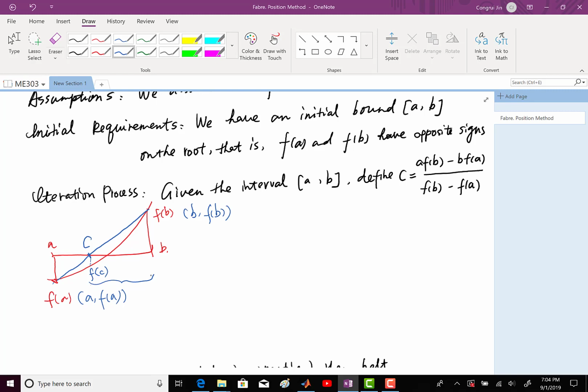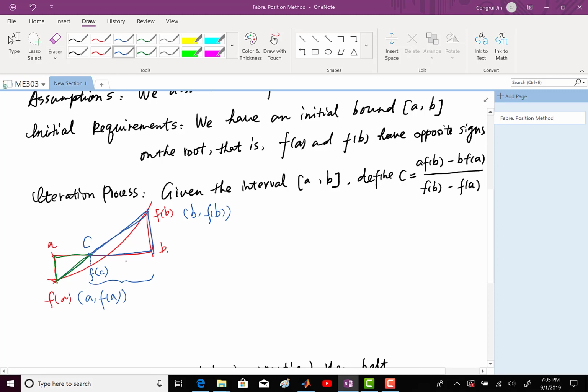So my question is how to represent this point c mathematically. In order to find the formula for the point c, we can draw a triangle here, right? And another triangle here, right?